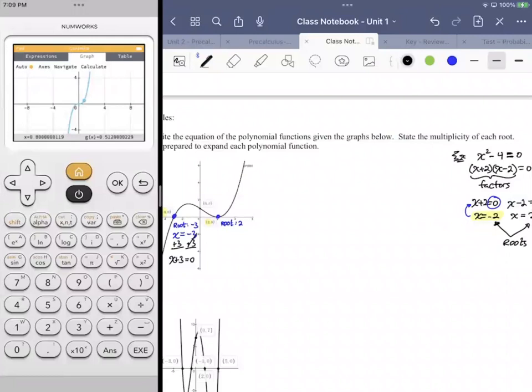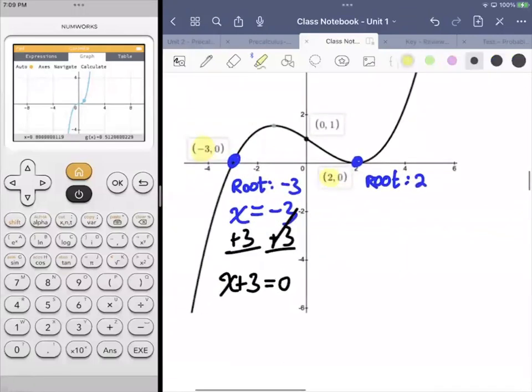So instead of doing this work, which is totally fine, I can say it's going to be x, well, -3 became +3, so I'm going to just go ahead and assume that +2 is going to become -2. I don't need the parens. So this is the set of linear factors.